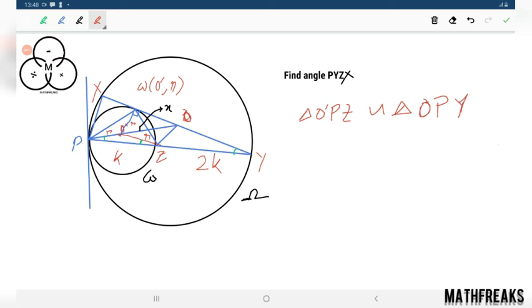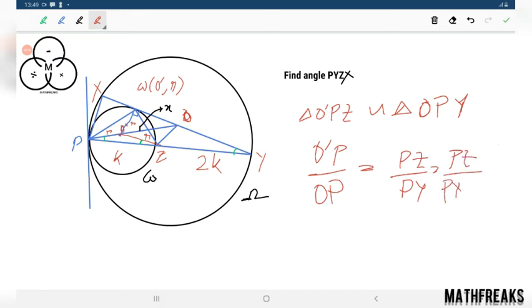Therefore, O dash P by OP is PZ by PY, which equals PZ by (PZ plus ZY).